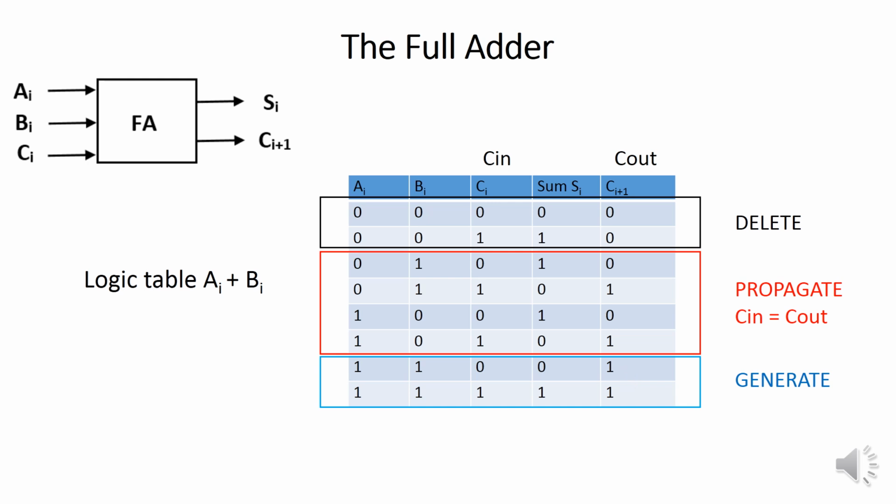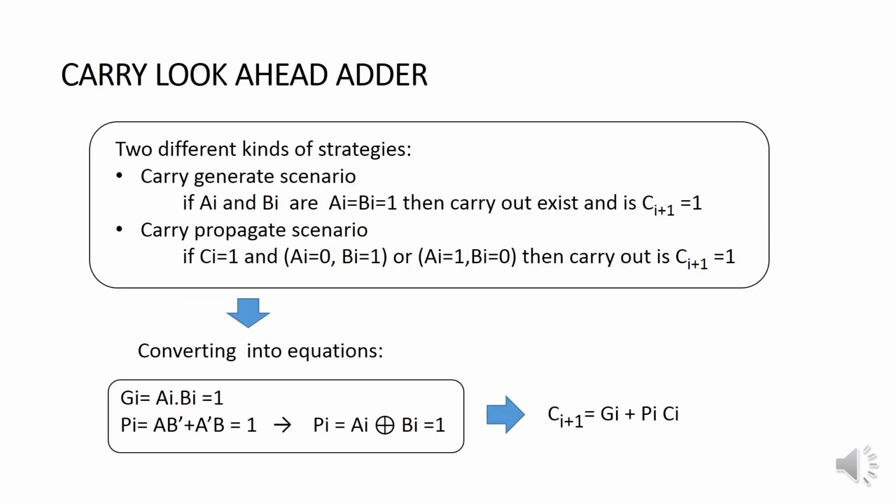These are the conditions under which a full adder is generating a carry out of 1, independently of the carry coming from the previous stage. For our purpose, the two last scenarios are the ones used to design the look-ahead strategies.